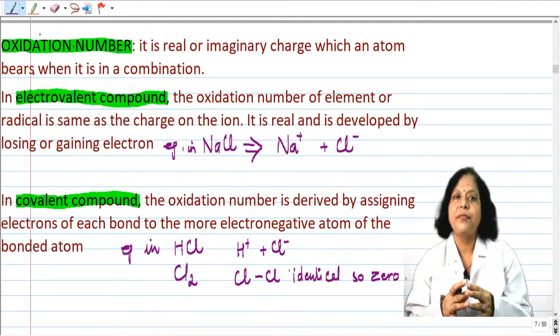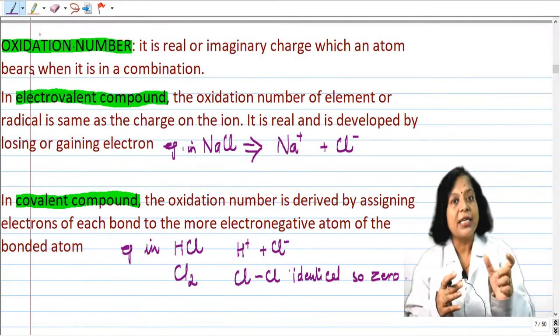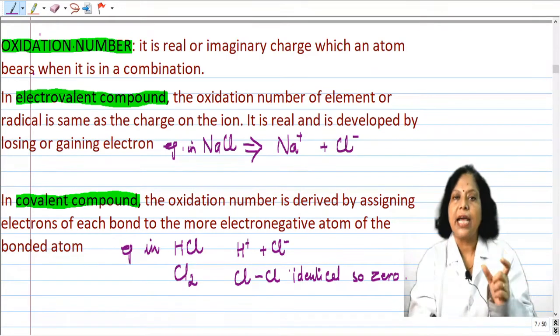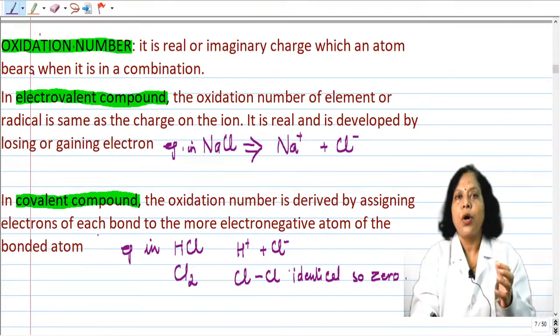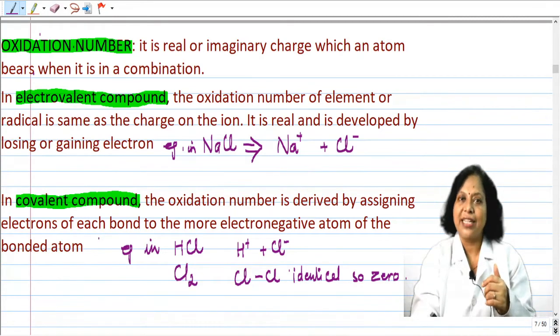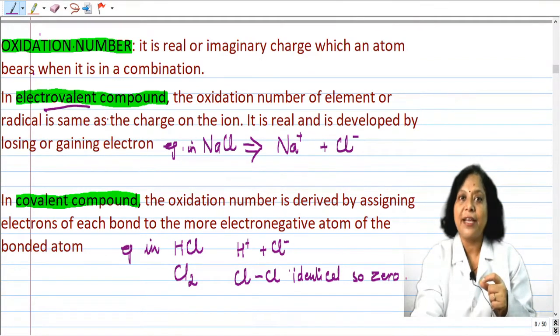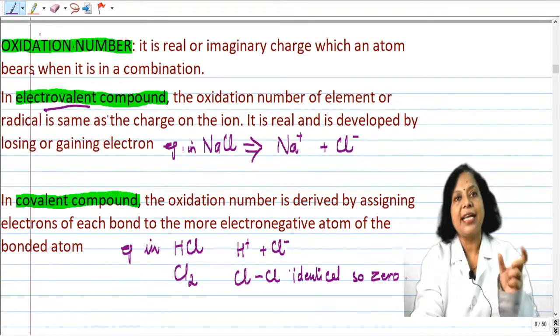So whenever there is a compound like an electrovalent compound or a covalent compound, then we decide the oxidation number on the basis of the charge. Okay, so let's understand. When the compound is an electrovalent compound, the electrovalent bond is formed by the transfer of electrons. So there are anions and cations.